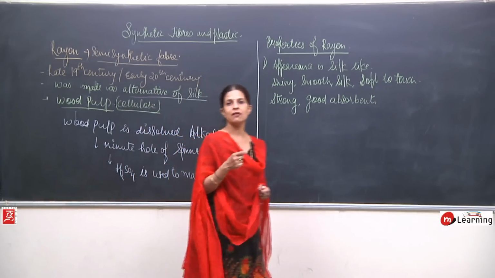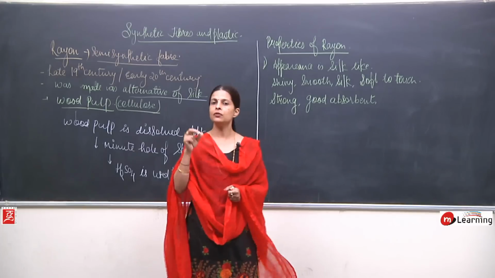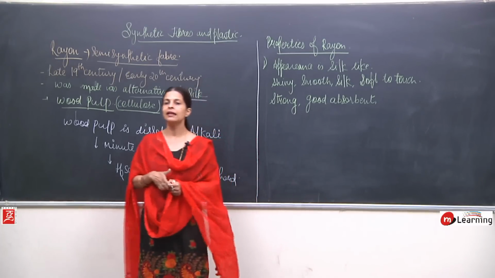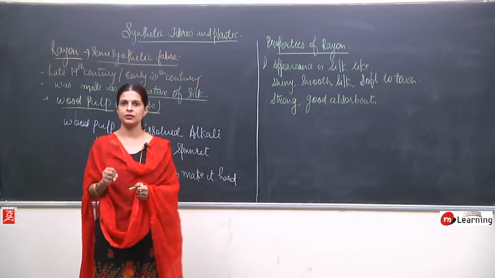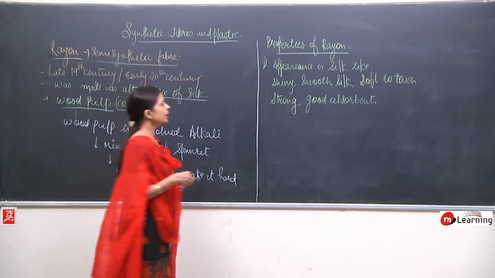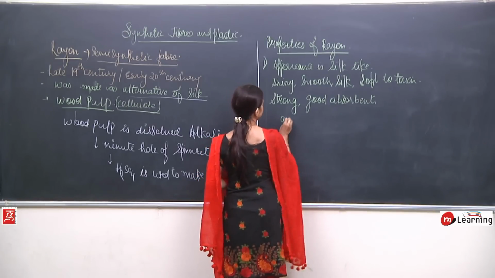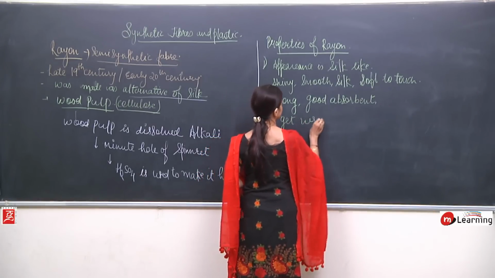So the main thing I was saying is that when you see a mama using a silk sari, you will observe that it gets wrinkled very fast. At the same time, this one also gets wrinkled.